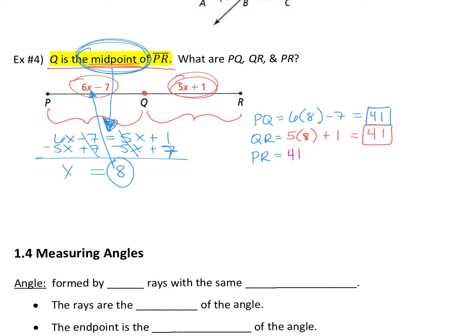Yeah, take those 41s and just add them together. So it's 82. Okay, so just be careful. If it's a midpoint, set them equal. If it's not a midpoint, add them together and set it equal to the total. Okay? Any questions on that?